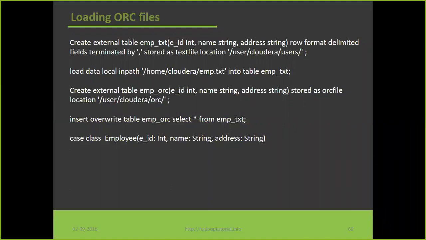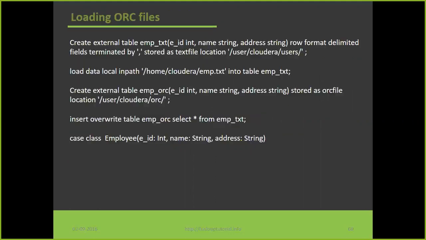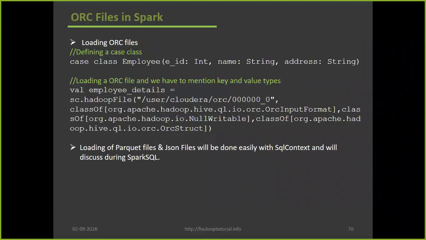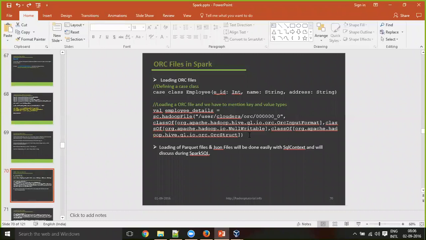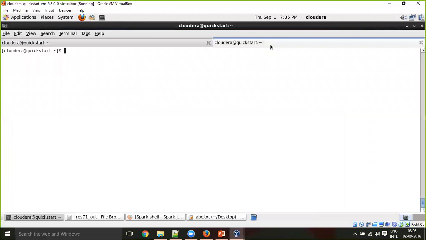Okay. So that way you can read your text input format files using the new API also. Similarly, if you want to read your ORC files, the same way as we have seen for text files, you can do that. Let's see one of my ORC files. I think most of you know by now what an ORC file looks like; I covered it in the Hadoop sessions also.